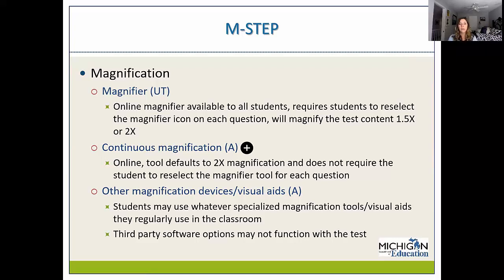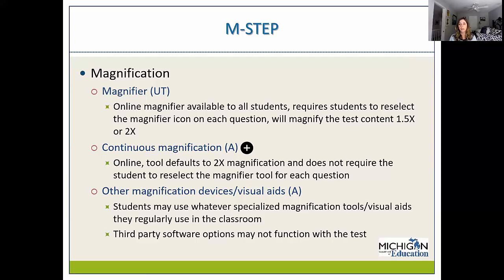A student can use also whatever other specialized magnification tools or visual aids that they regularly use in the classroom. However, there's a word of warning here that particularly for online testers, it's possible that third-party software options that the student might be typically using may not function with the test.